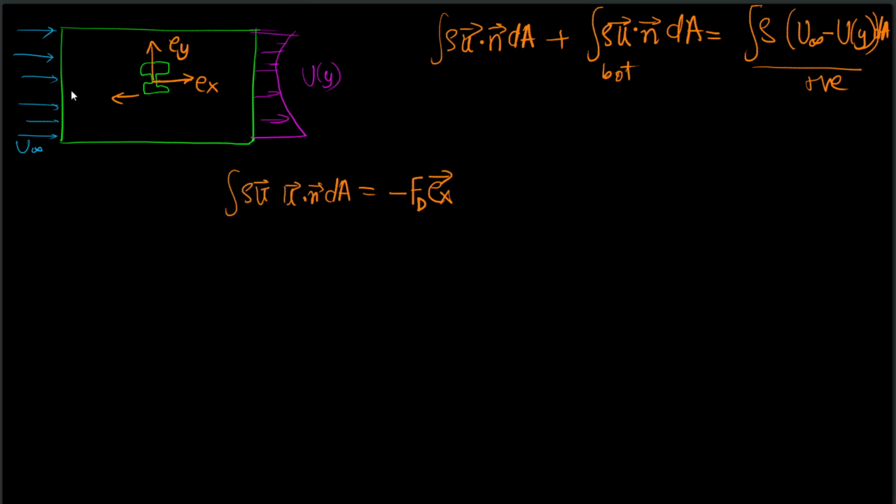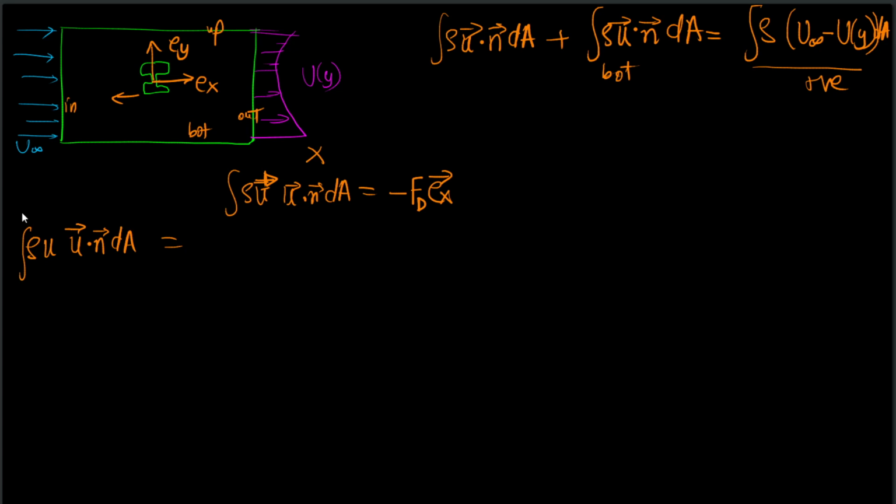Okay, so now let us write down again at the inlet, outlet, top and bottom. So let us write down the x momentum equation. We want to find out the x momentum equation, so whatever u vector there is will be replaced by only u. So it will be rho u, but again this will be u dot n cap.